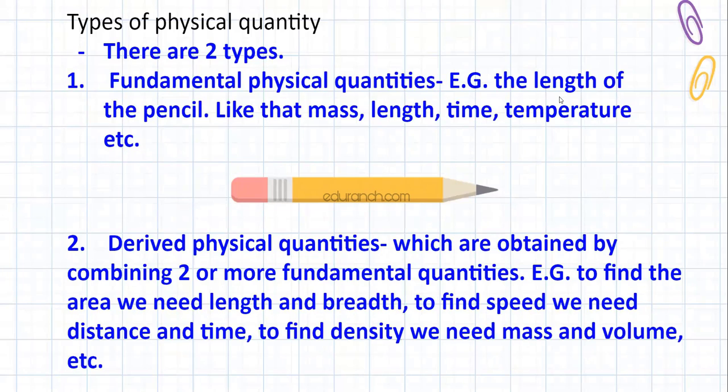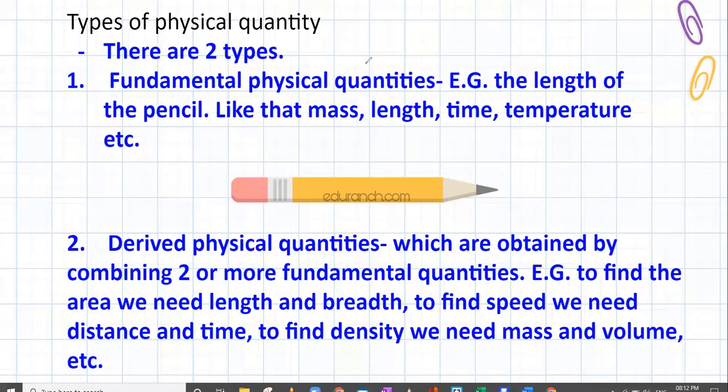Now, what are the types of physical quantity? So basically, there are two types of physical quantity. One is known as fundamental physical quantity. And what is a fundamental physical quantity? If we want to measure the length of this pencil, this is a fundamental physical quantity.